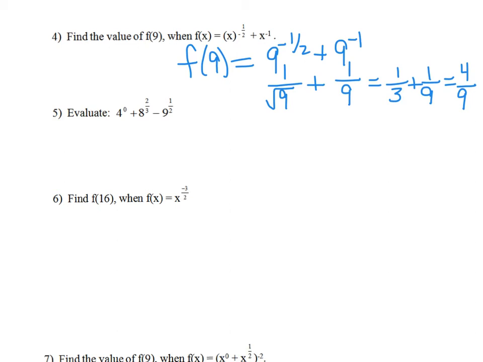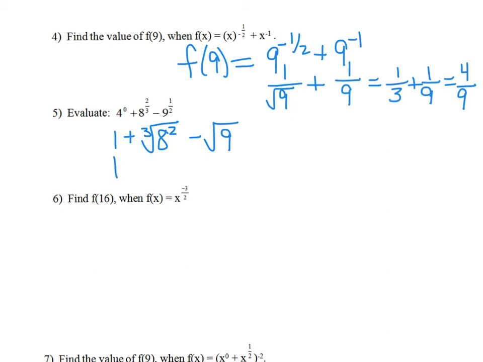For number 5, 4 to the 0 is 1. 8 to the 2/3 means the cube root of 8 squared. Minus 9 to the 1/2 means the square root of 9. So you'll see throughout this whole chapter it's going to be really important that you learn how to deal with fractional exponents, negative exponents, and all of the rules that we've been using for exponents.